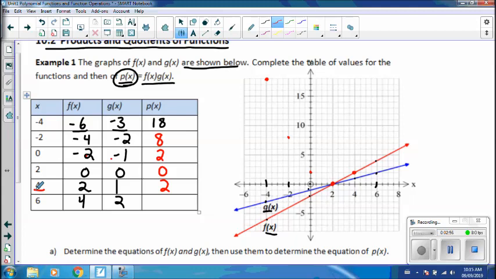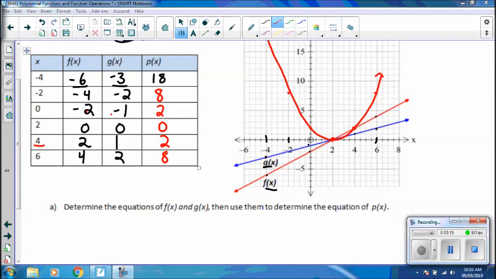Next, at 6, 4 times 2 is 8. So when x is 6, the function is at 8, right there. So if I connect those points, we can see that our product function is a parabola.